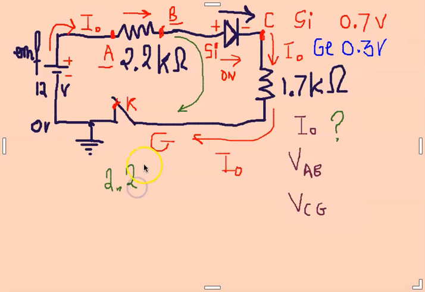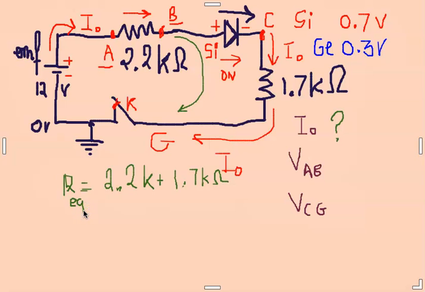We have to add also the 1.7 kilo ohms. So these are our total resistance, the equivalent resistance.